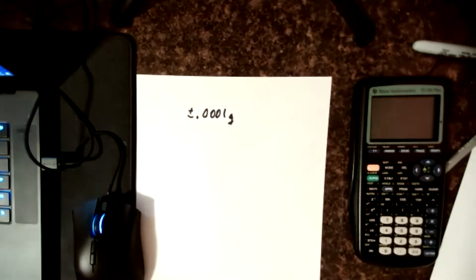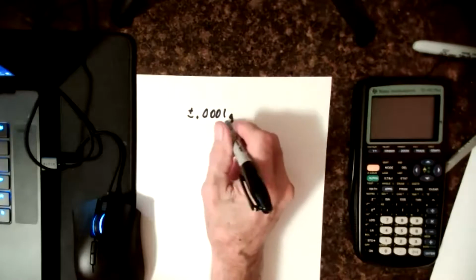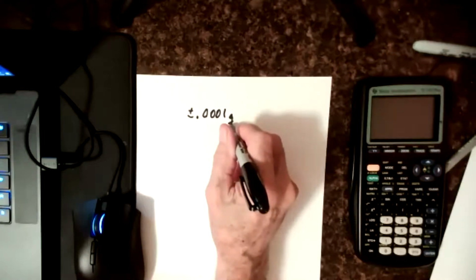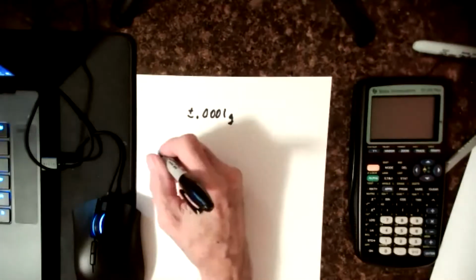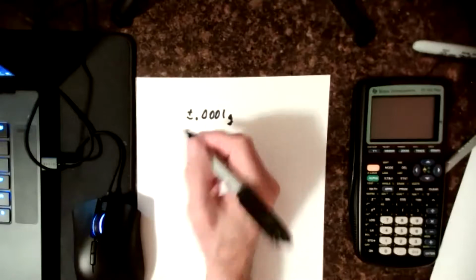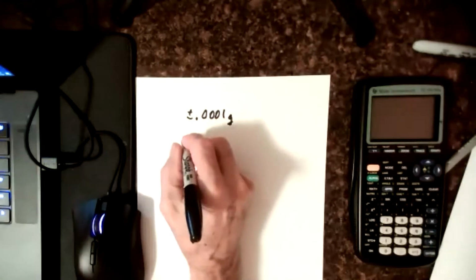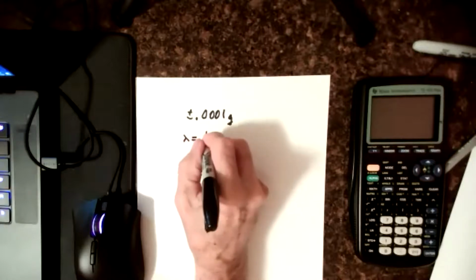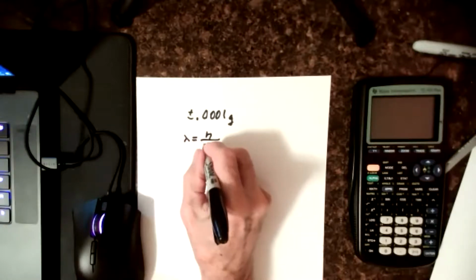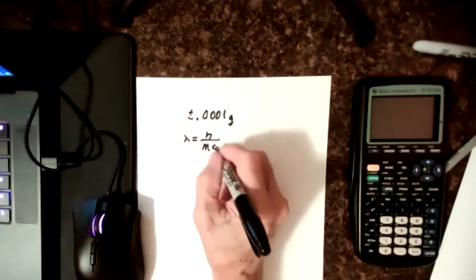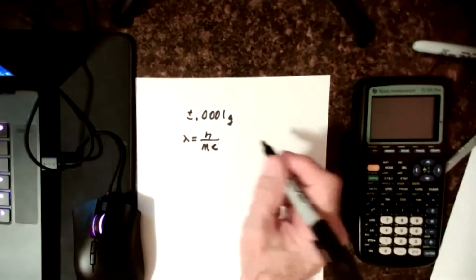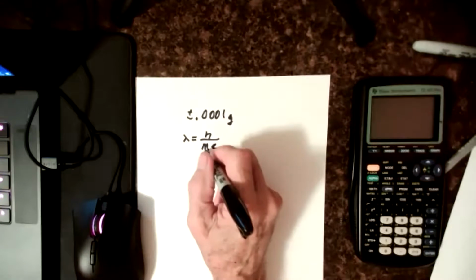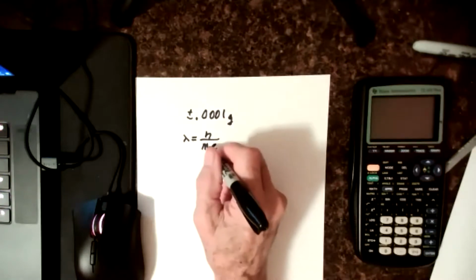Again, we were trying to get a relationship between mass and the number of photons. So again, the wavelength of light is h over mc. So I need to put the mass in here for a certain number of photons.